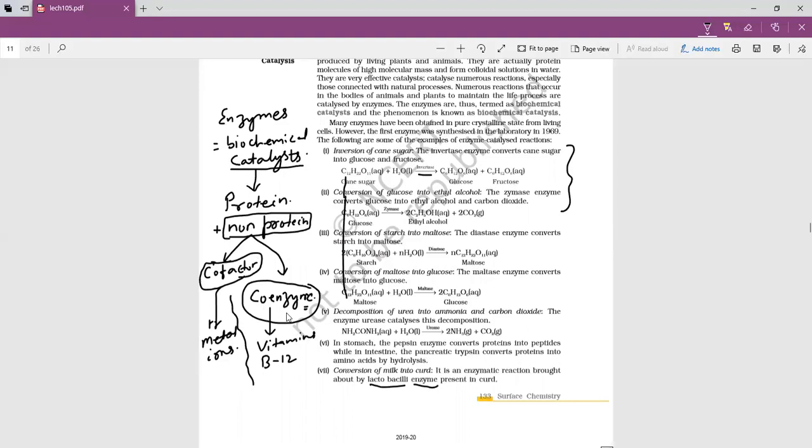Coenzymes are nothing but the vitamins attached with the enzyme, like vitamin B12, and cofactors are nothing but the minerals or metallic ions. The names of the enzymes are given based on the substrate on which it works. Like if it works on maltose, we call it maltase. If it works on urea, we call it urease. If it inverts the molecule, we call it invertase. All right. So in this way, it is named.